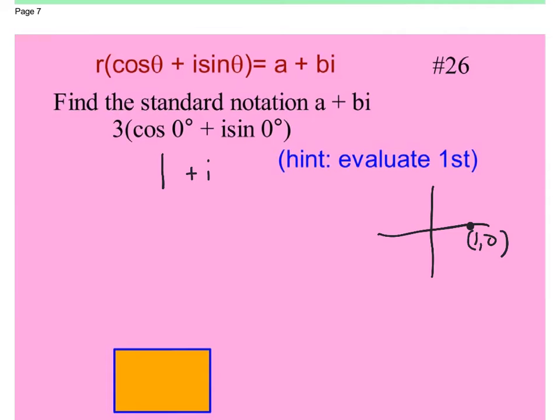Sines go with y's, so the sine of 0 degrees is 0, which means I will have a radius of 3 times 1 when I distribute, and 3 times 0. 3 times 1 is 3, 3 times 0 is 0. This means that a plus bi, as it should be in my answer, is just going to say 3.